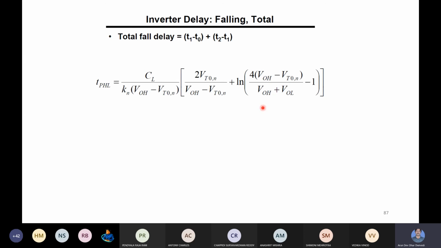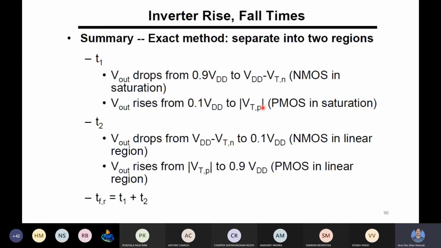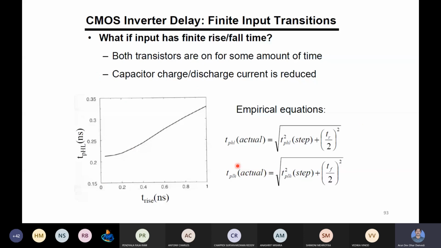So that was the ideal case, but in the real case it should be modified this way: TPHL actual is equal to TPHL whole square for step pulse plus TR by 2 whole square, where TR is the rise time of the pulse, and TPLH actual is equal to TPLH whole square for step plus TF by 2 whole square. So now it is done.